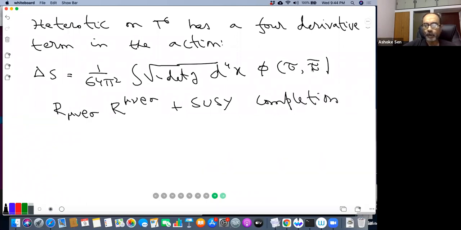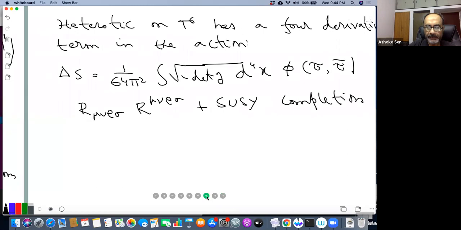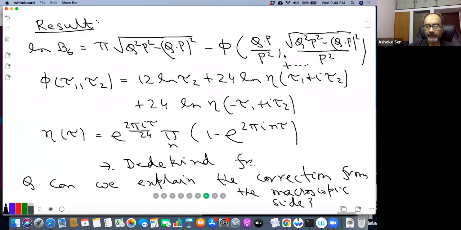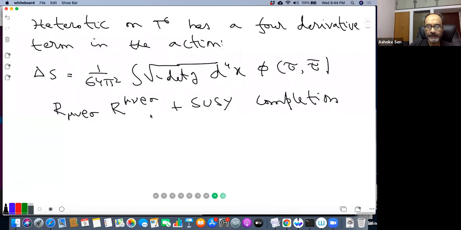So here this tau bar are the moduli fields that we introduced earlier. This phi is exactly the same function as this one. It's of course a completely different calculation, right? Here this came from a counting, here is just an effective action calculation.